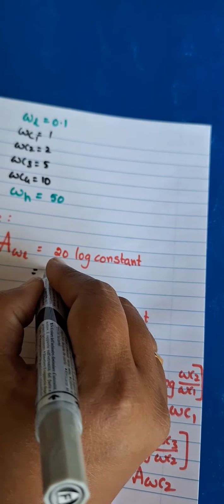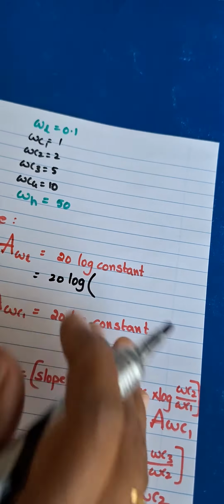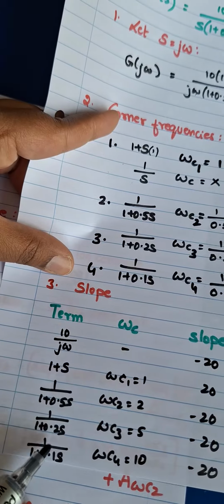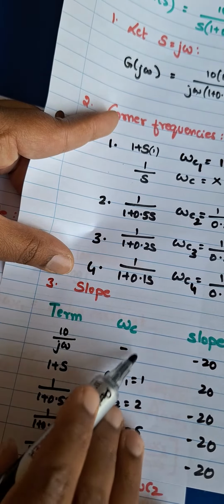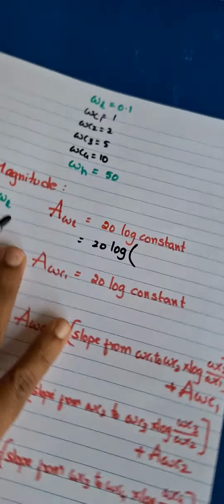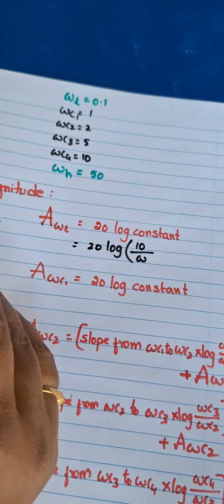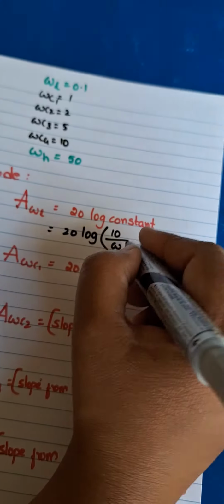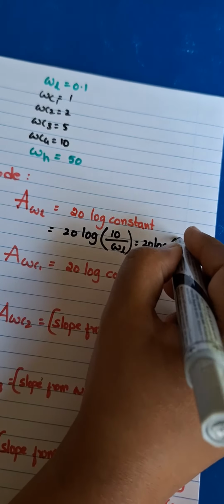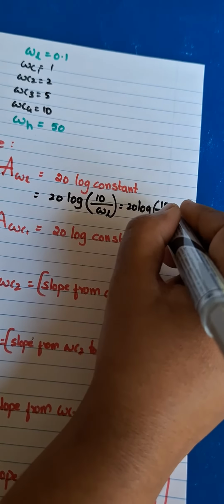So what is our constant here? Our constant is 10 by j omega, because this is a term. Everything is having a corner frequency. Without corner frequency, our constant means 10 by j omega, that is, 10 by omega. What is omega here? Omega L. So 10 by omega L, which is equal to 20 log of 10 by omega L, which I considered as 0.1.